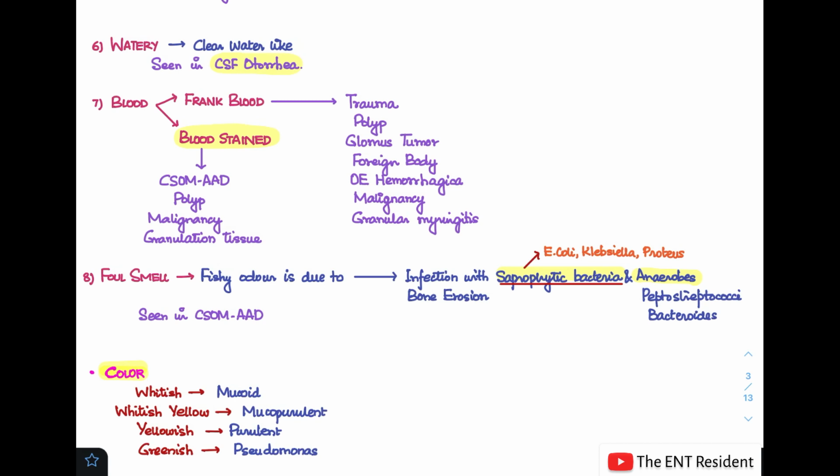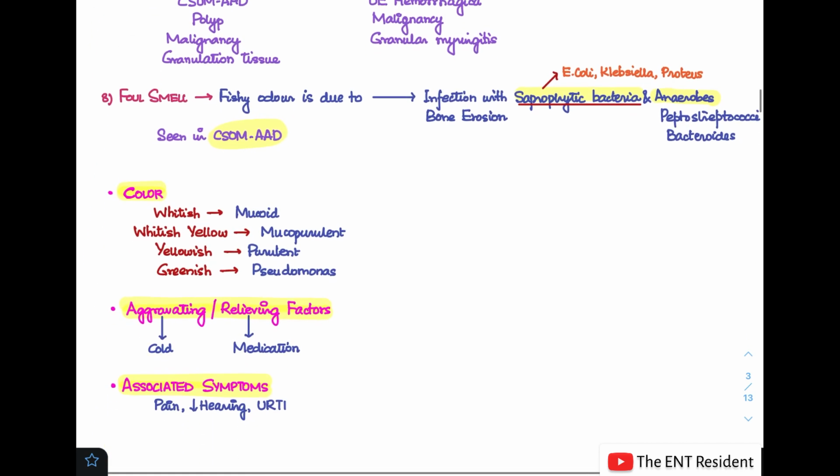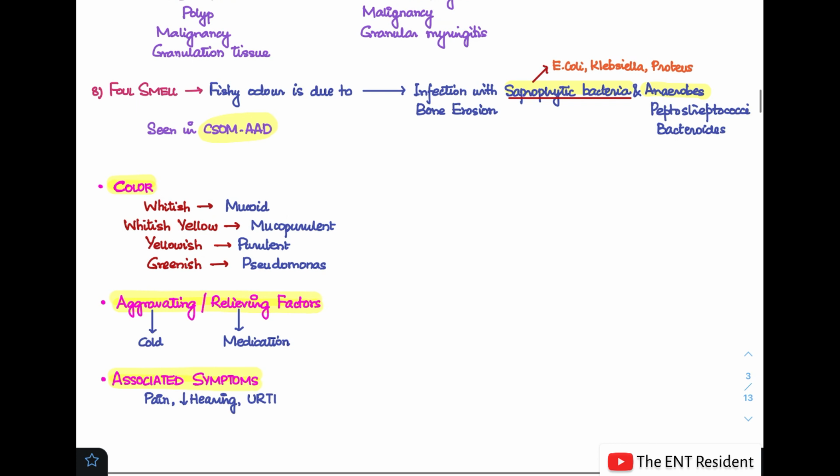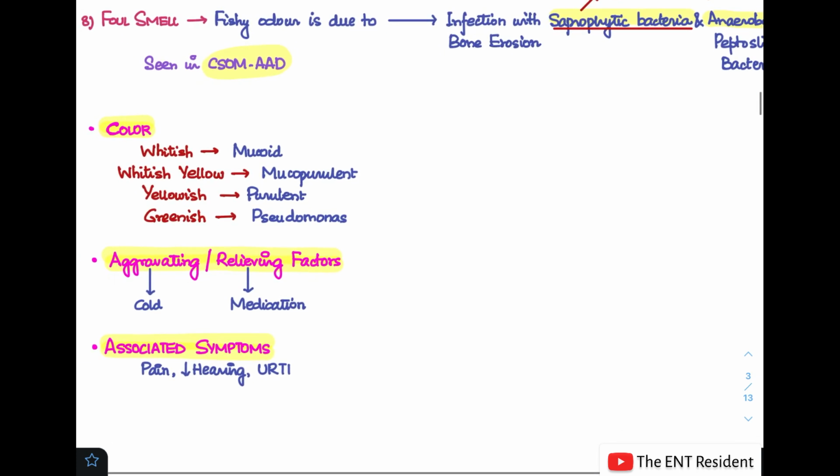Also, this foul smell is happening due to bony erosion, and this is a very typical feature of CSOM of the atticoantral type. This is a very characteristic feature. Next, we move on to the color of the discharge. As I already mentioned, whitish color is seen in mucoid discharge, whitish yellow in mucopurulent, yellowish discharge in purulent, and greenish discharge is seen when there is a pseudomonas infection.